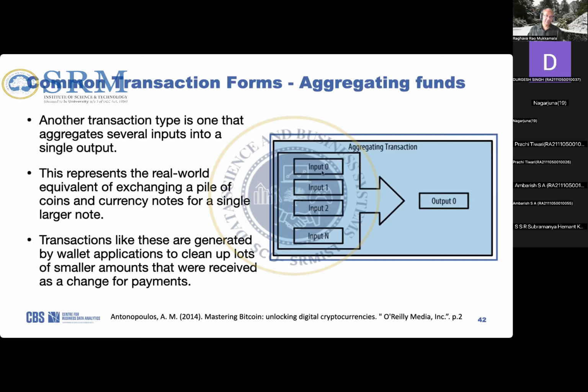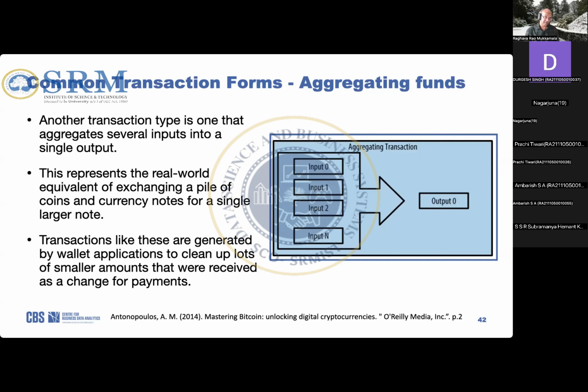Let's say this is 0.10 bitcoin, this is 0.5 bitcoins, this is 0.0025 bitcoins and things like that, right? Rather than having all the coins subdivided, you can put them as input, combine them, and create a new coin, transferring almost the same value as the inputs, right? So then you are aggregating funds.